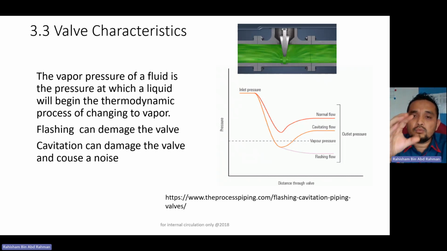Flashing is the phenomenon in which the liquid passing through the valve, due to the huge pressure difference, will form vapor bubbles. And cavitation is the phenomenon in which, after the formation of air bubbles along the pipeline, at a certain distance the pressure will recover and increase, and with the increase of the pressure, the air bubbles will implode, and this is what we call cavitation.